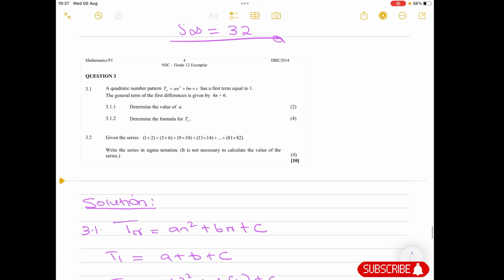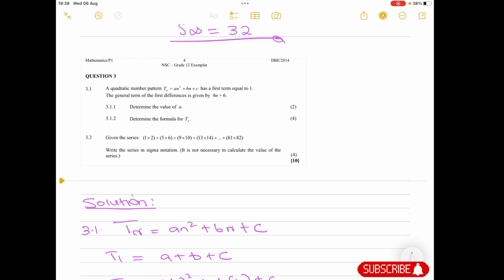Here is the one. This is 3.2. We are given the series, and the series is of the form that is in the bracket. Term number 1 is 1 times 2, plus term number 2 is 5 times 6, plus term number 3 is 9 times 10, plus term number 4 is 13 times 14, plus and so on, plus 81 times 82.